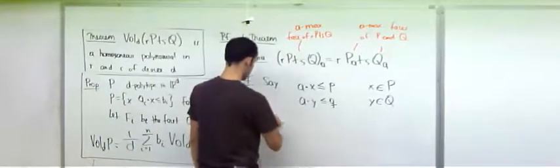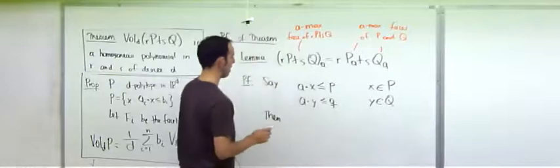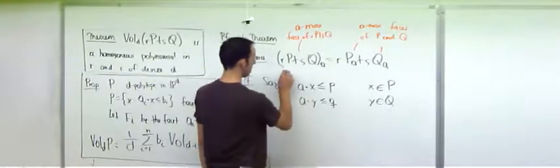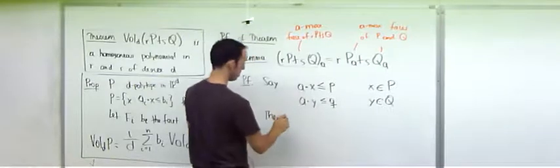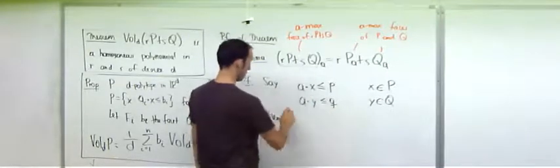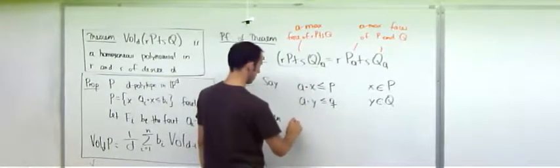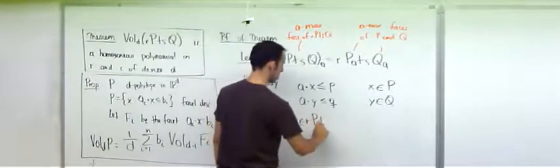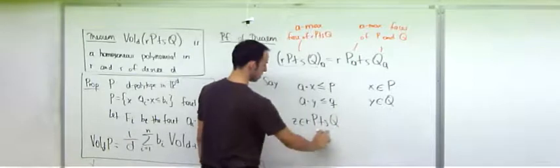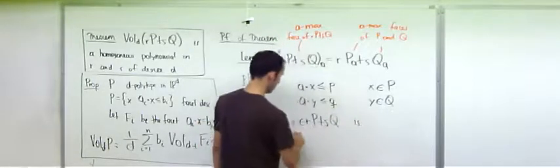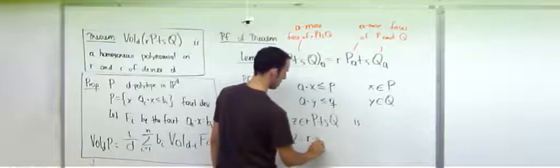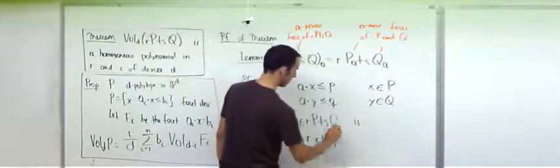Then what does a point here look like? Well, a point, let me write it z. A point here looks like z equals r times some point in P plus s times some point in Q, right?